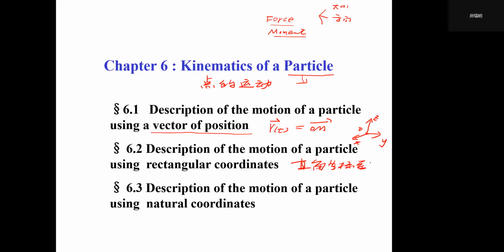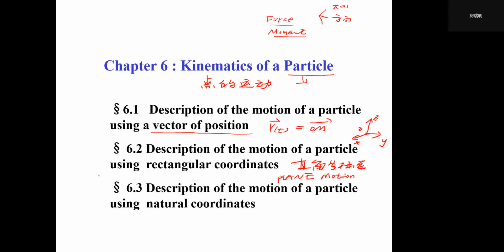But the good news is, when we finish this description, we will find that in many, many cases we will always focus on plane motion, just like in the first part, where we always focused on the plane generalized force system. When we just study plane motion, it will only have two axes, X and Y, right?